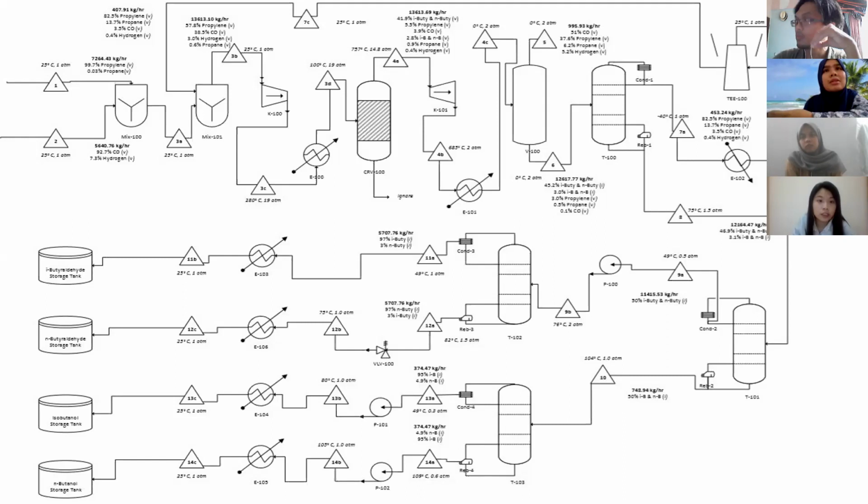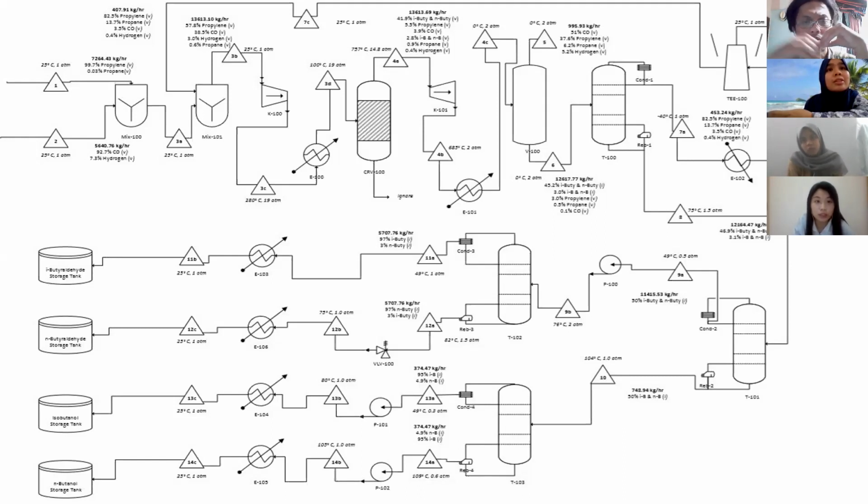Doctor, after the mixer we enter the compressor, so the temperature is increased. So we need a cooler to decrease the temperature before we enter the reactor. But your 3B out of the mixer is 25 degrees, am I right? After that we need to increase the pressure, and the temperature is increased up to 280. That's why we need a cooler to decrease the temperature back.